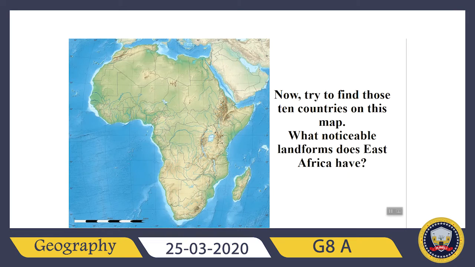Remember last week's lesson about landforms and mountains and rivers, lakes and stuff. Now find out as many noticeable landforms as you can on this map. Okay, 10 countries.